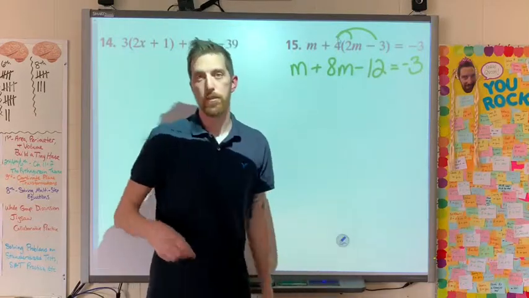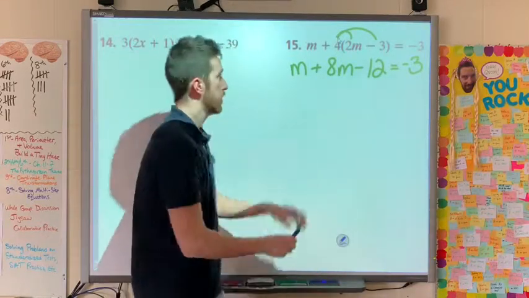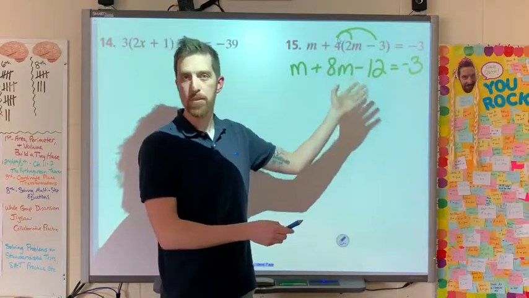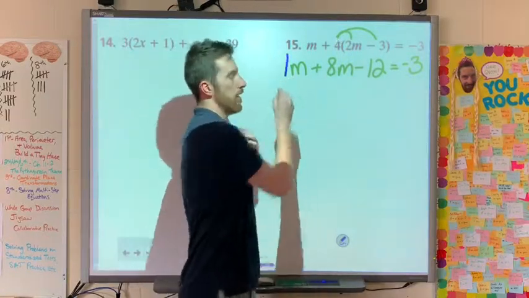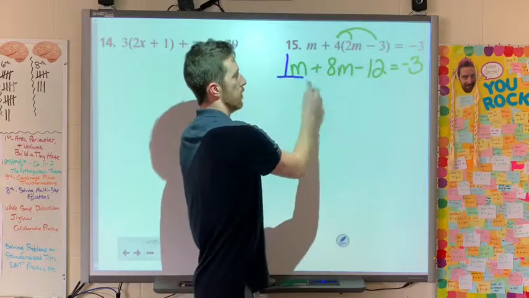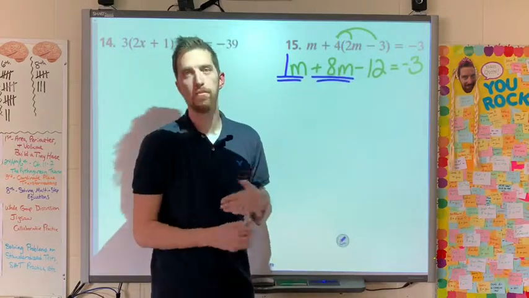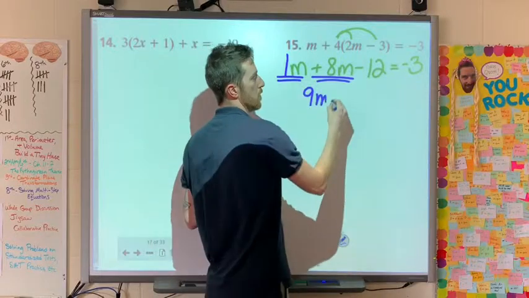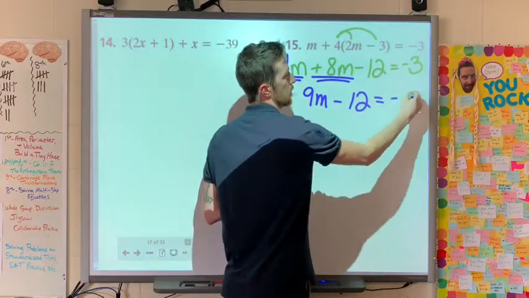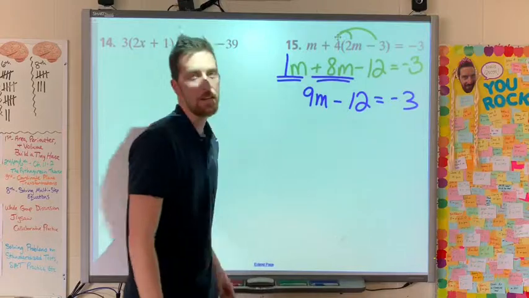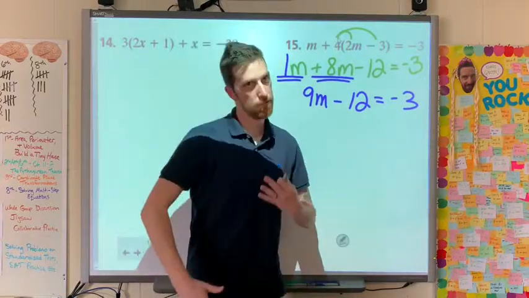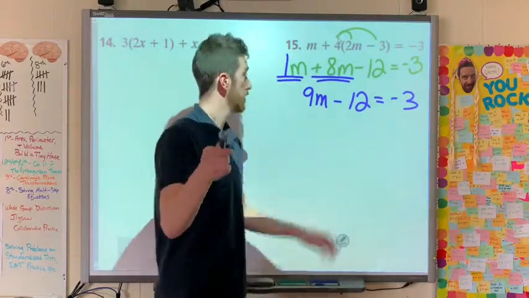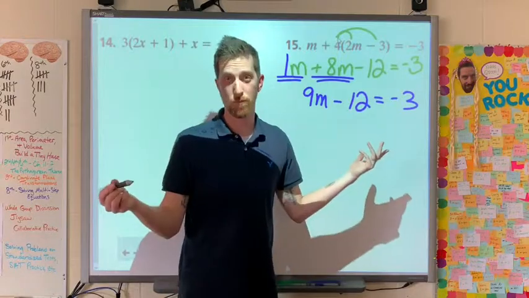All right, so like terms. M plus 8m, they're both m's. M is 1m. 1m plus 8 more m's would give us 9 m's. Minus 12 equals -3. Done. Now, minus 12, how do we get rid of minus 12?